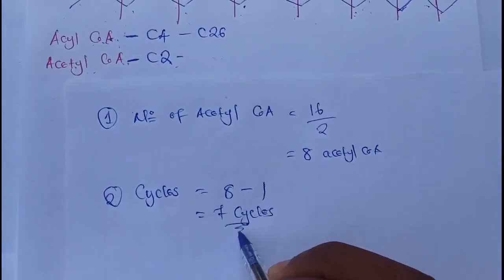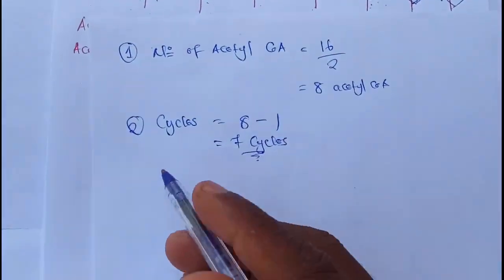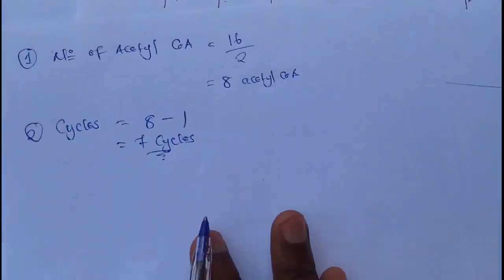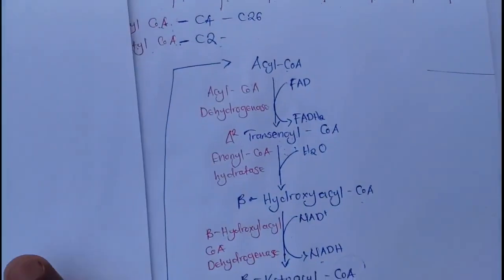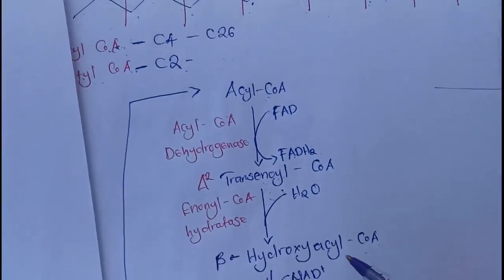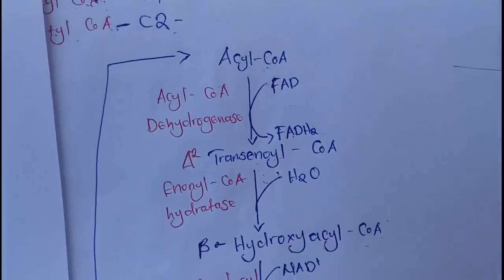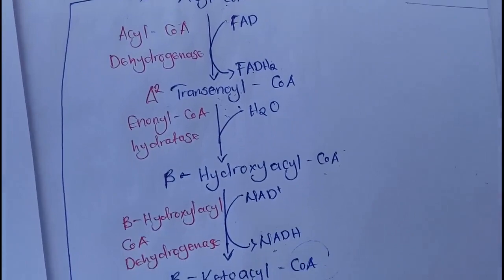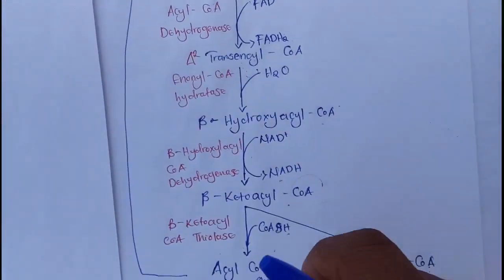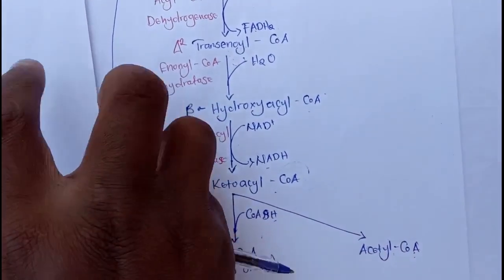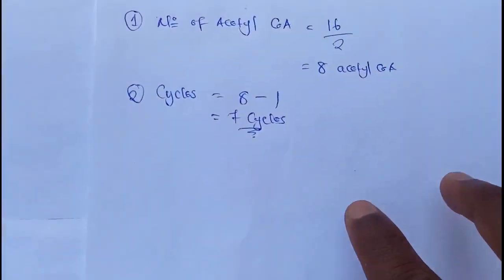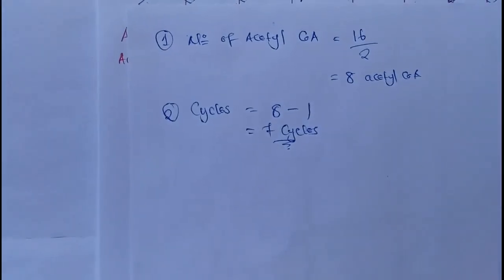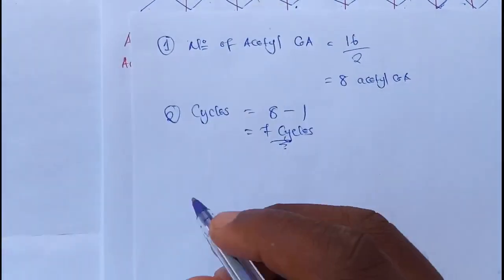So what's the significance of finding the number of cycles? Remember that in our entire pathway, in one cycle we were producing 1 FADH and 1 NADH. These will also be used to produce energy in the electron transport chain. So if in one cycle we are producing 1 NADH and 1 FADH, how about in 7 cycles?